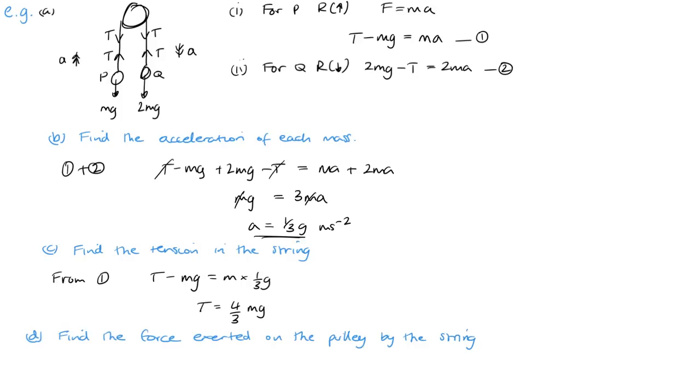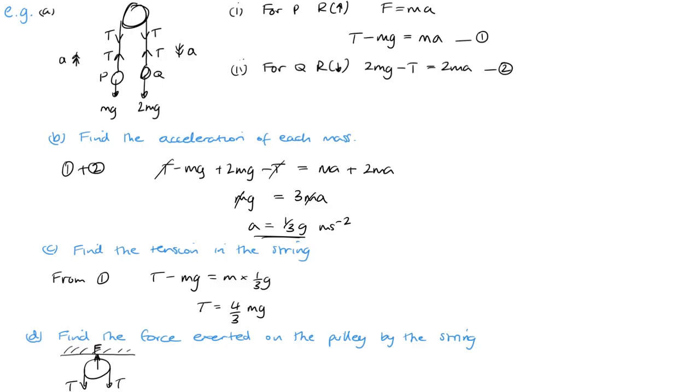Okay, D. Find the force exerted on the pulley by the string. So if I take a look at the pulley again, the pulley is obviously like this. String on both sides is T, and then this is that force, the opposite force that's exerted.